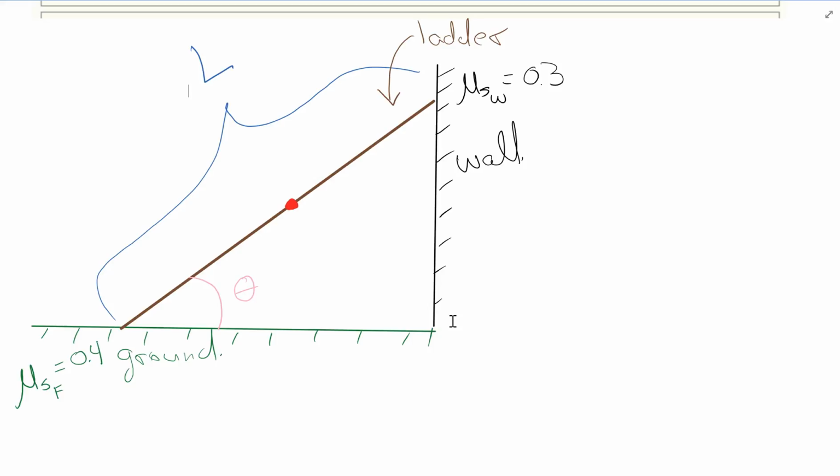And number two, it'll be really useful in our sum of torques equations so that we can figure out where our forces are, and we'll be able to figure out our lever arms to our axes of rotation. Speaking of, we actually haven't identified an axis of rotation yet, and we're not going to until we get to the torque part, so don't worry about that yet. The red dot is not the axis of rotation, it is the center of mass. I just wanted to identify that.